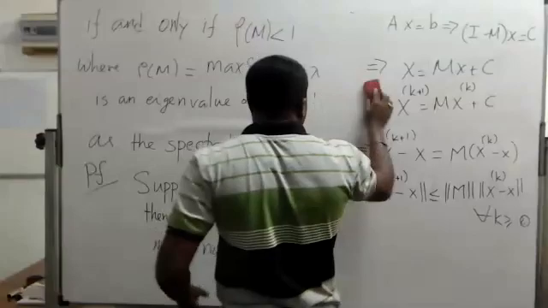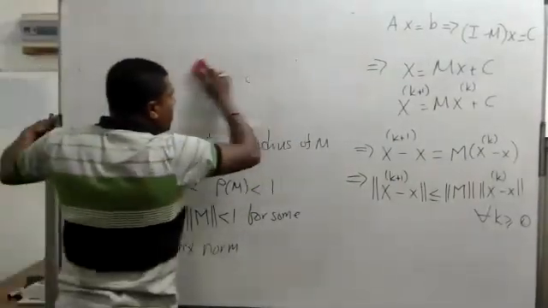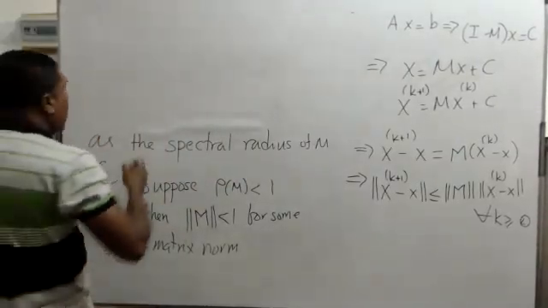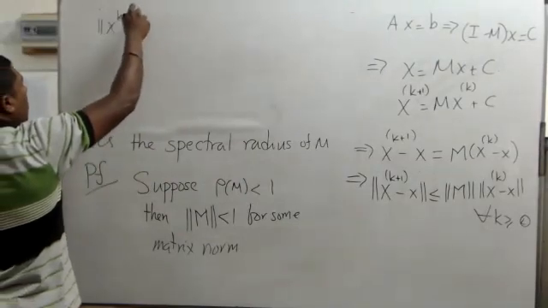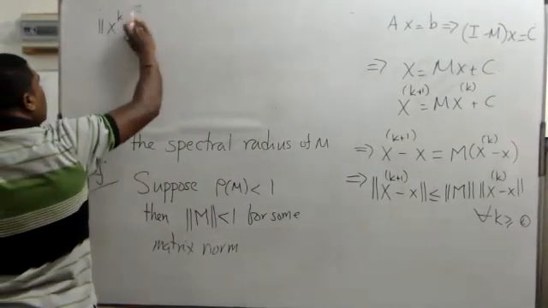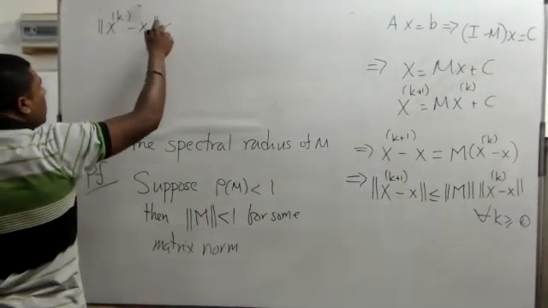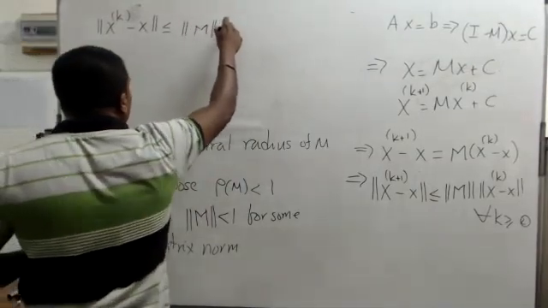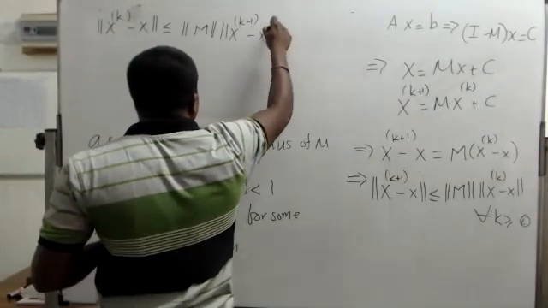So here what I am going to do is continue doing this. And so you notice that ||x_k - x|| is less or equal to ||M|| times ||x_{k-1} - x||.